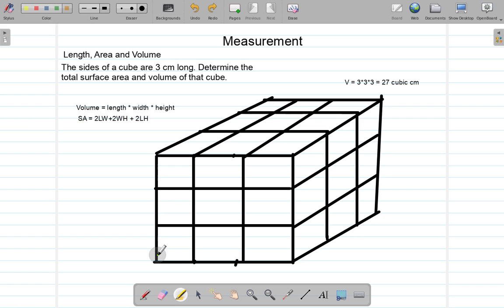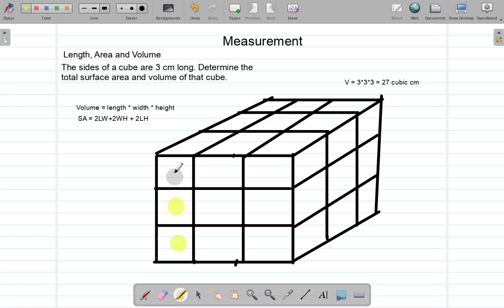We have 1, 2, 3, 4, 5, 6, 7, 8, 9. We have 9, an area of 9 square centimeters at the front.